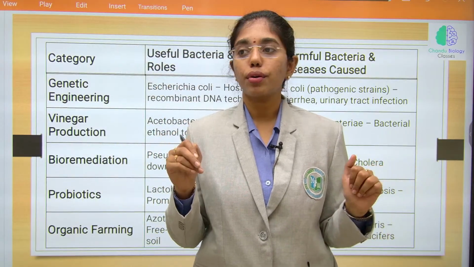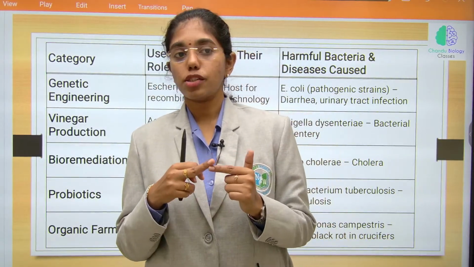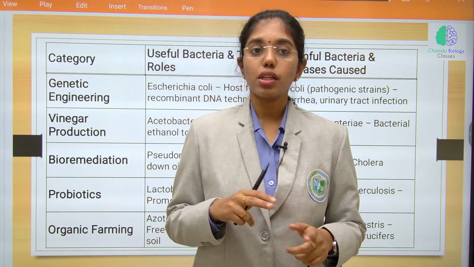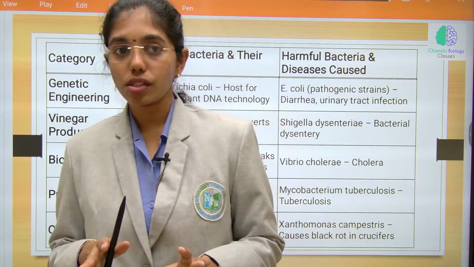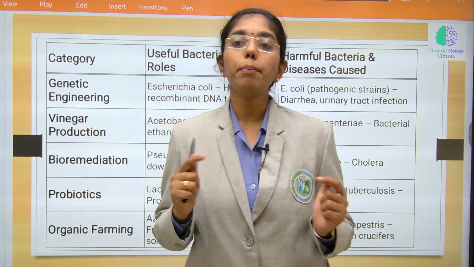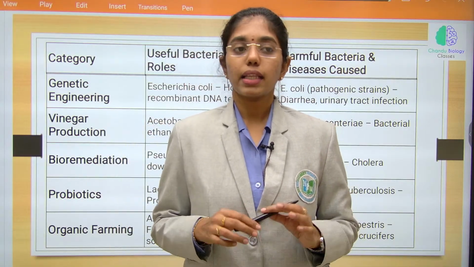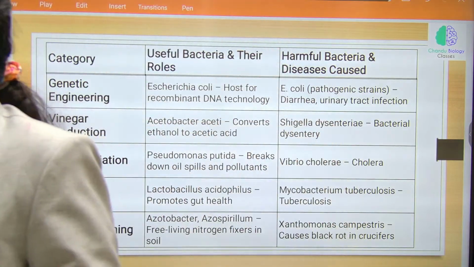We have looked into conjugation, transduction, transformation. That's all for today's session. In the next session, we'll look into viruses, post which we'll solve complete EAPCET PYQs on microbiology. Clear? That's all for today's session, and thank you.